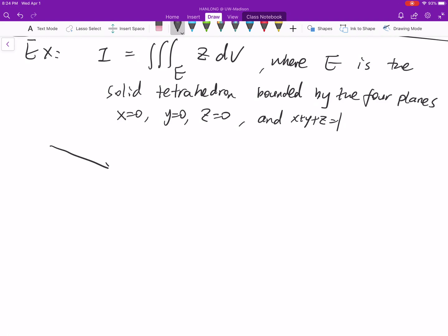Okay, if you draw the picture, you expect the following one. You can compute the x-intercept, y-intercept, z-intercept.